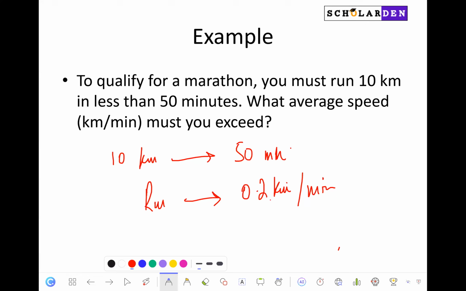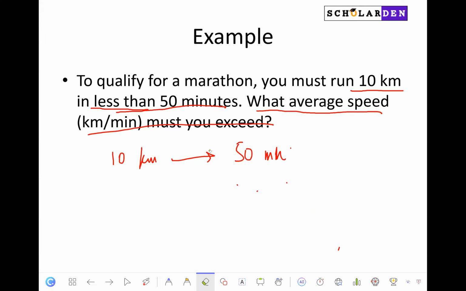This is the speed that I must maintain or travel faster than. This is my baseline, my average speed that I must exceed. Why should I exceed? Because I don't want to do that in 50 minutes, I want to do that in less than 50 minutes. So my speed should be greater than 0.2, maybe 0.21 or 0.22, but anything equal to or less than 0.2, and I won't be able to cover this 10 kilometers distance in 50 minutes.